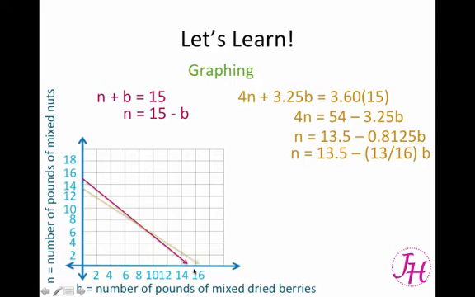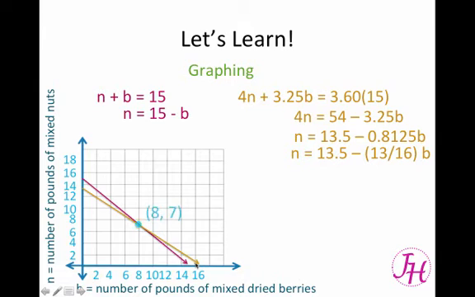Then we can graph the other line, which is a y-intercept of 13.5. So here we go to about 13.5, and then we go down 13 and over 16. So you can go down 13, which would put you at about 0.5, and over 16. So you have another point right here, and then you can just connect them.